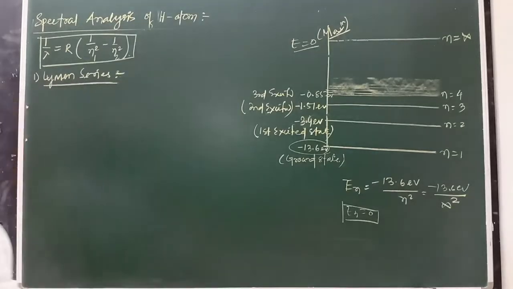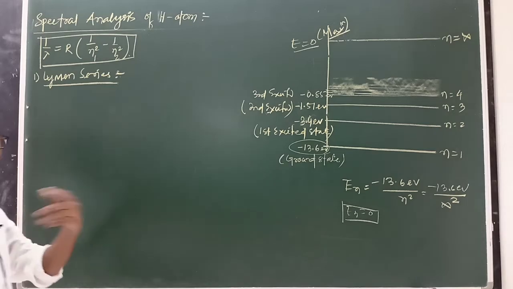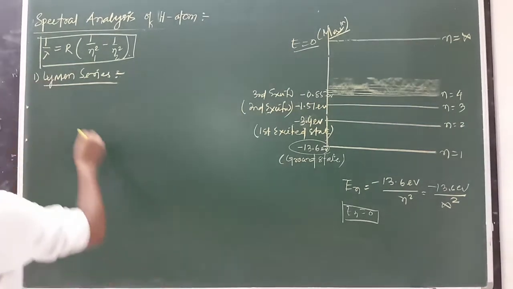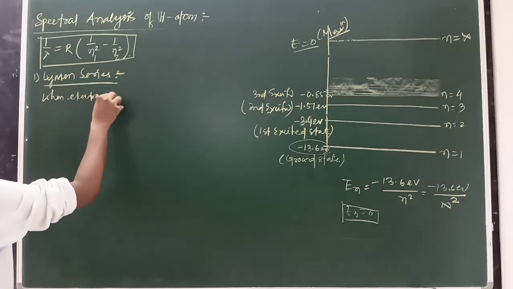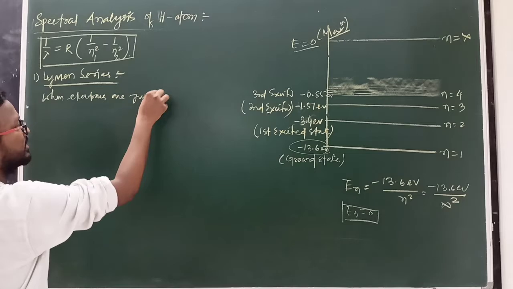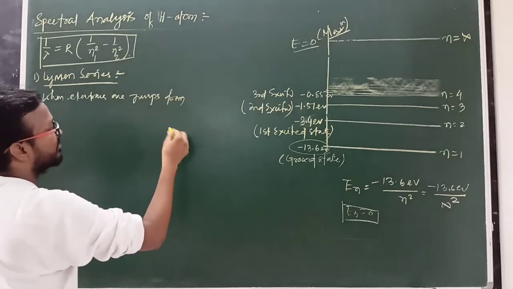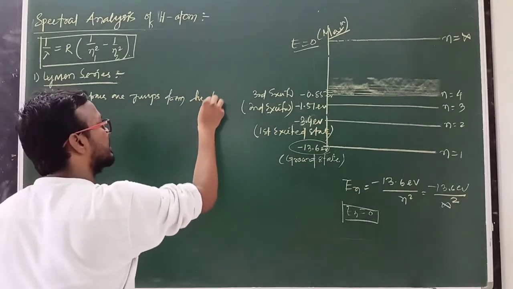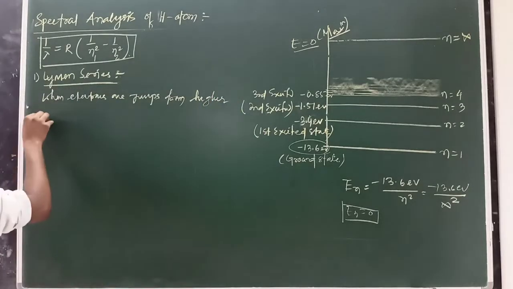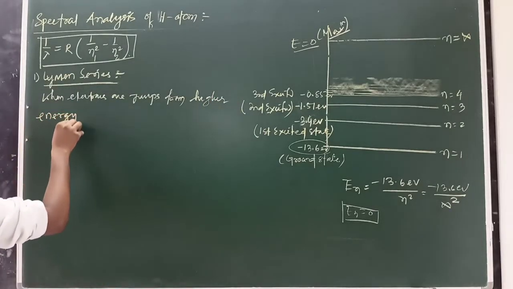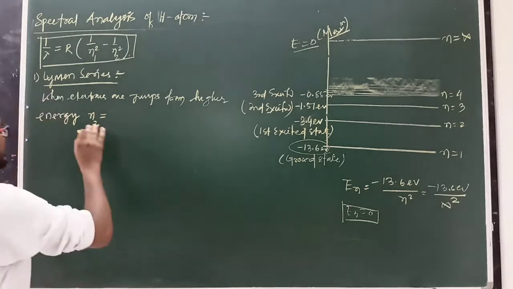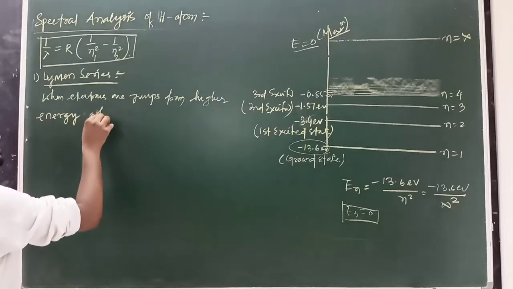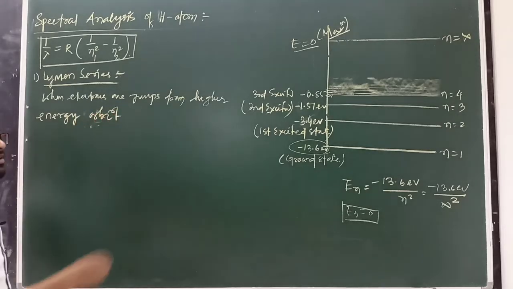Clear? So now let's start the Lyman series, and this series indicates that electrons jump from a higher energy orbit, that is n2, the higher energy orbit according to principal quantum number n2.